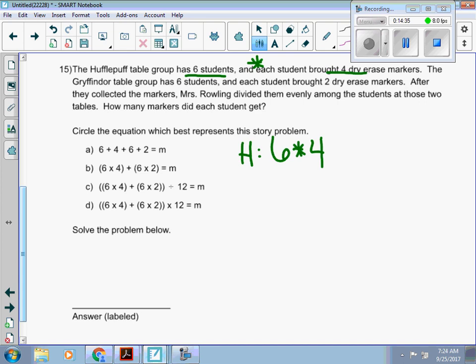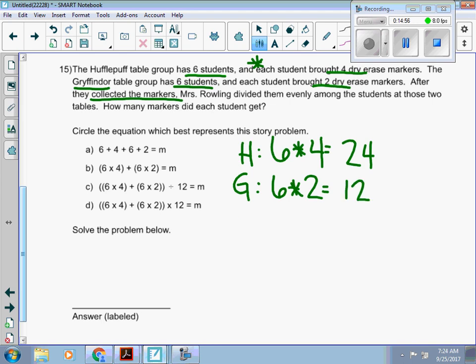Okay. The Gryffindor table had 6 students, and they each brought in 2. Okay. After that, they collected the markers. So I need to take my amounts and collect them together, and collected typically means add.